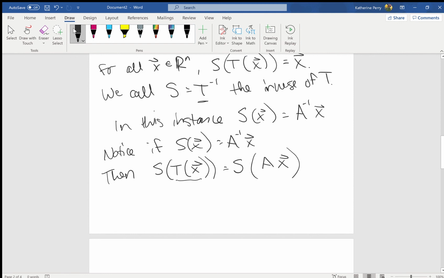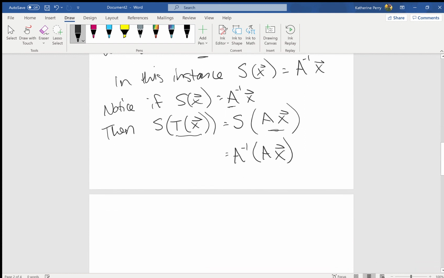So when I do this I get some vector, and we're saying that S of any vector is equal to A inverse times that vector. So this is equal to, by definition, A inverse times A x.